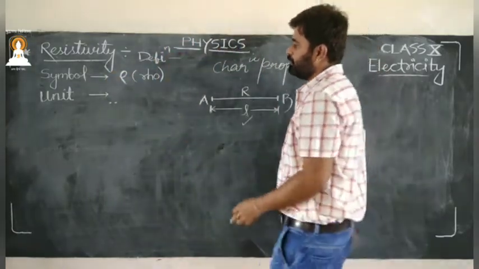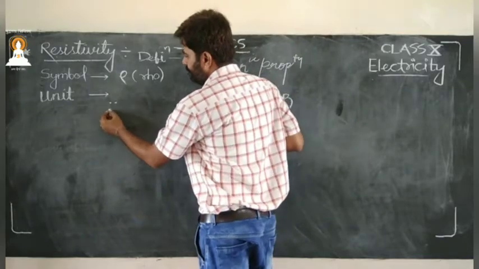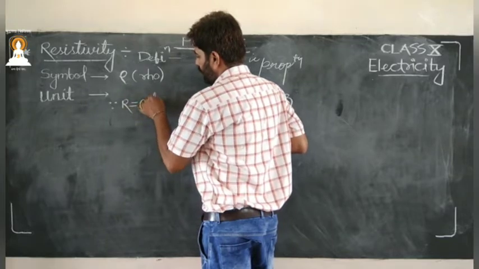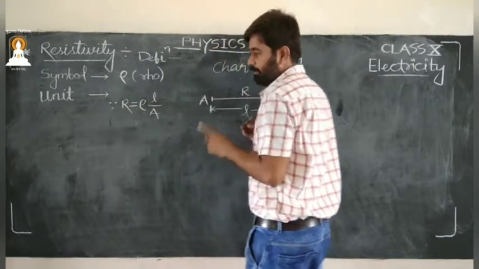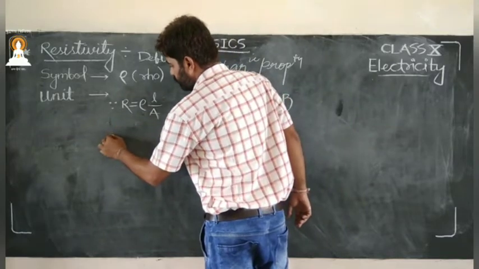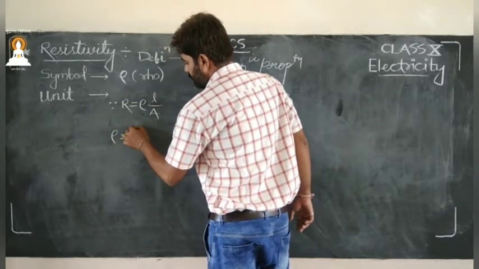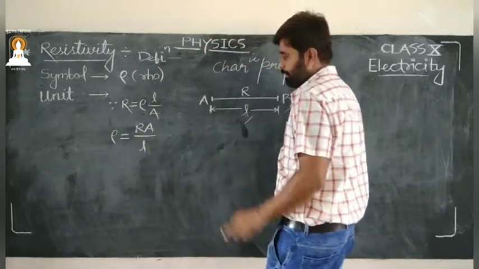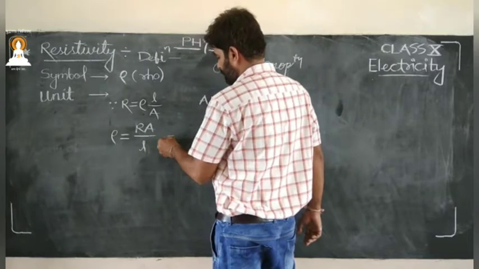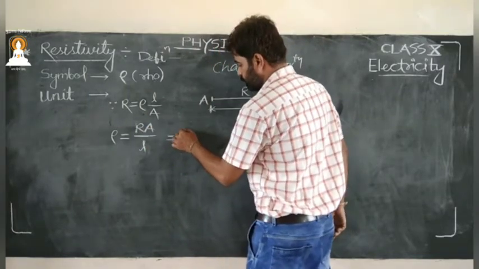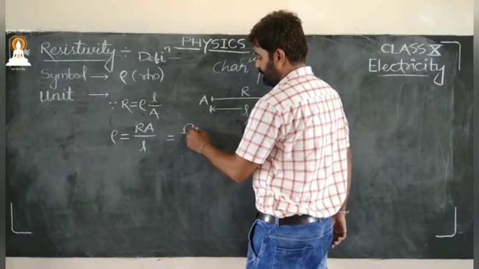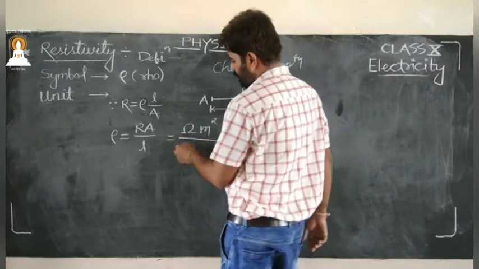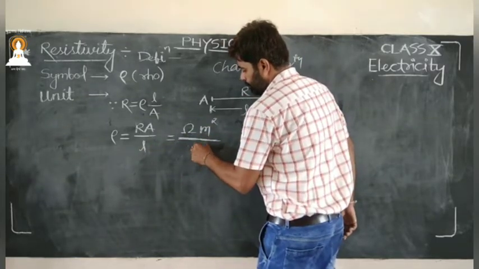If we talk about the unit of resistivity, we know that R is equal to rho L by A. If I need rho, then rho will be equal to R A upon L. We know the unit of resistance is ohm, the unit of area is meter square, we are talking about SI, and the unit of length is meter.